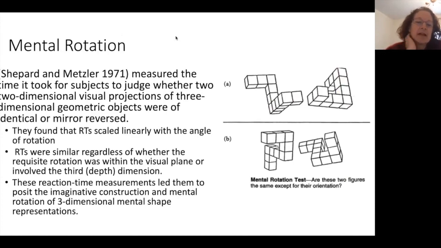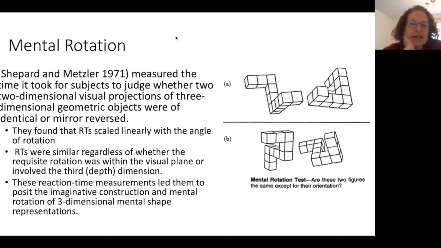And this was an extremely famous set of experiments. It made the cover of Science. What they did is they asked subjects to judge whether the two-dimensional projections of these three-dimensional objects were the same or different, and to press a button as soon as they made their decision.